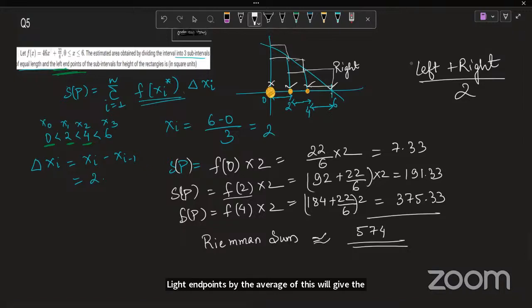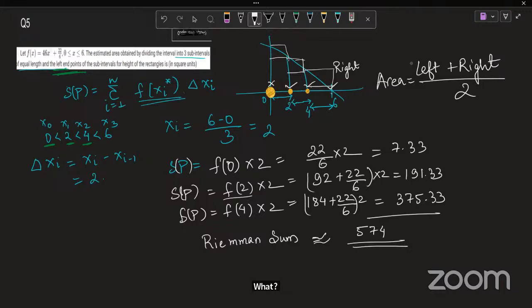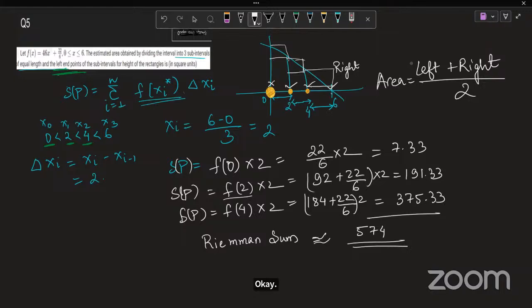Why the average? The average of the left and the right. Okay, left Riemann sum plus right Riemann sum divided by 2. The average of this. Do you want to calculate the right Riemann sum?